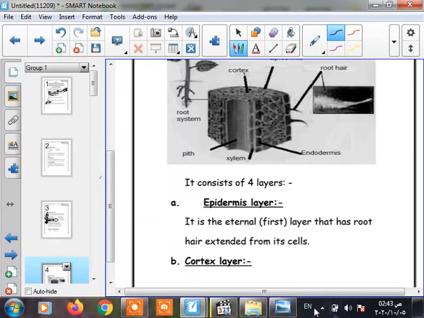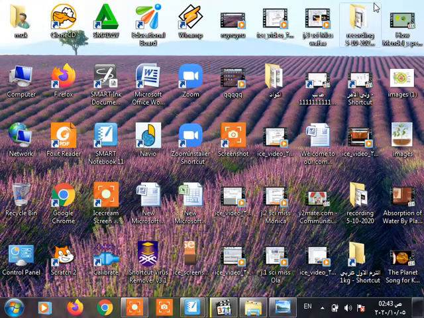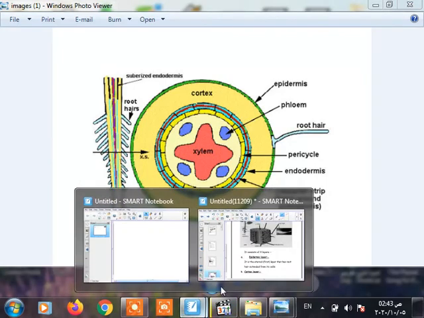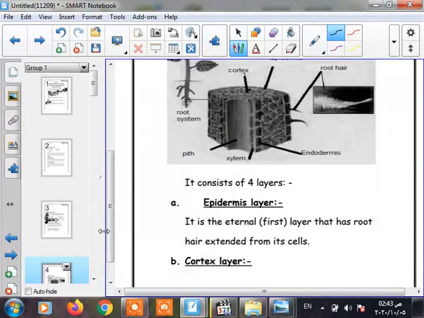So it's a row of cells that follows the cortex. So the first layer is the epidermis, the external layer, the second layer is the cortex that follows the epidermis, and the third layer is the endoderm. The endoderm follows the cortex and consists of a row of cells.